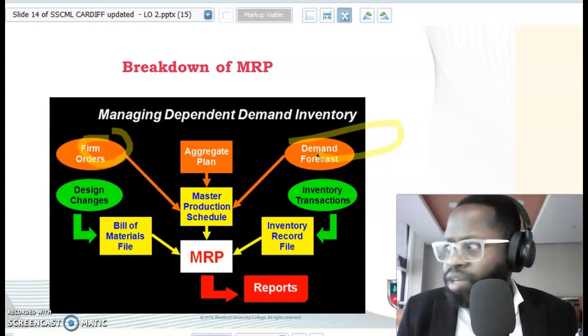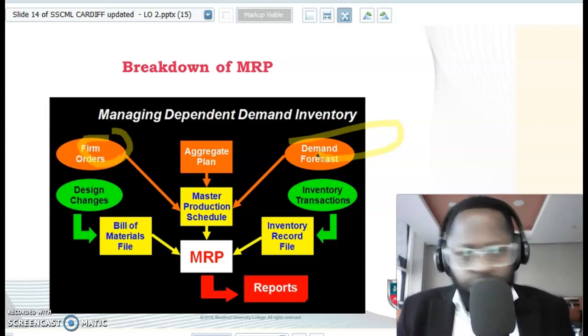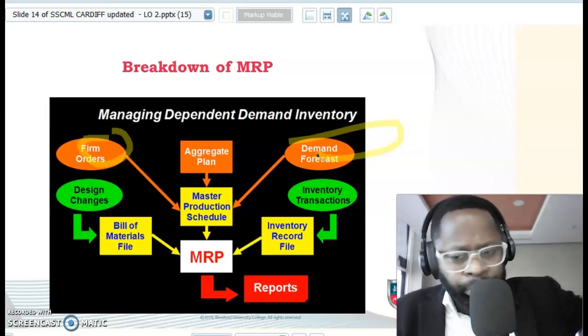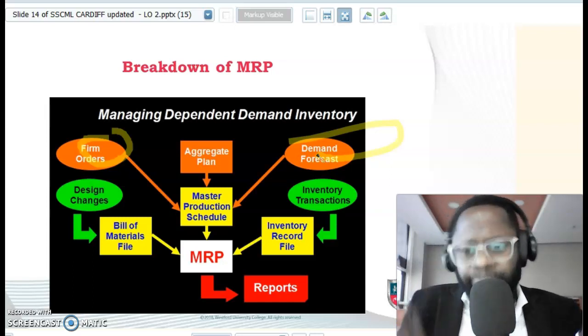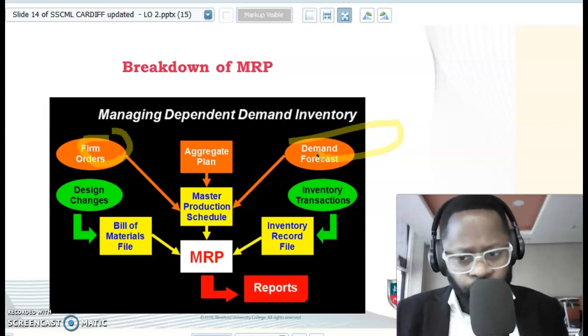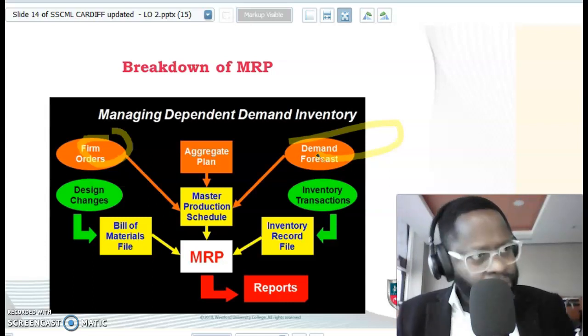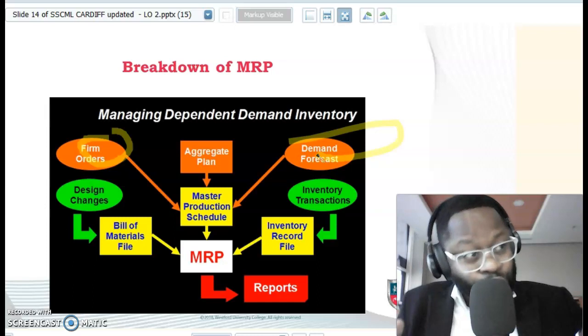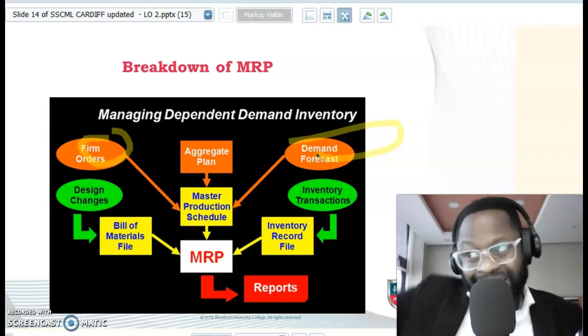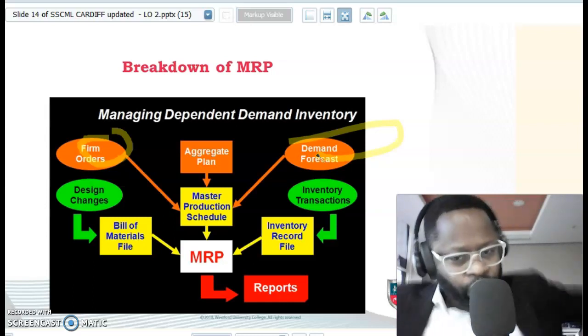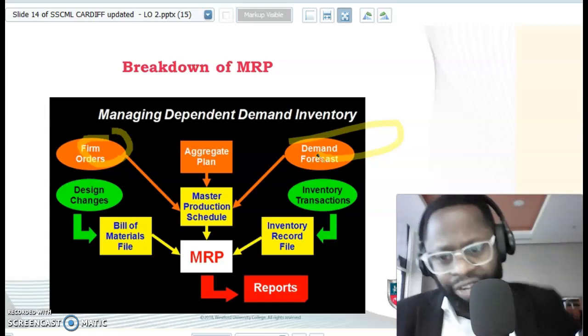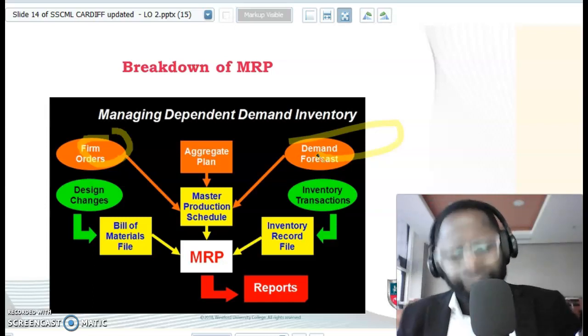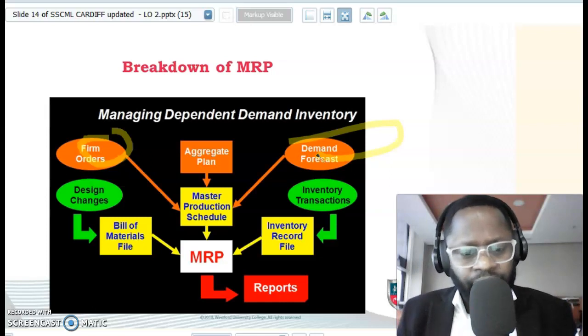We can produce X amount of units, or we should be producing X amount of units because we have the materials for the bill of materials to do so, because the market wants that type of car, because we have confirmed orders for that type of car or that type of aeroplane.